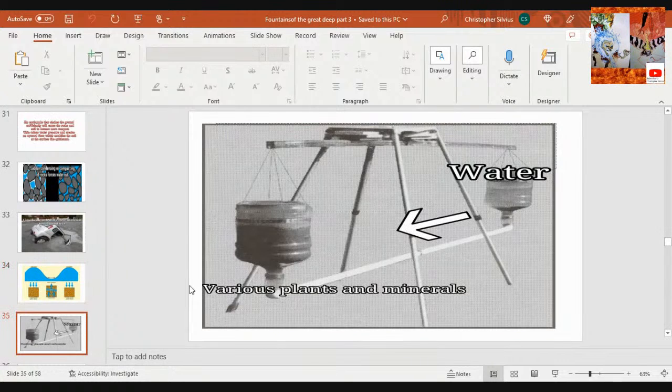If you put various plants and minerals in a giant tub and water in the other one, you put them on like a teeter-totter mechanism, and then you put a cylinder or a pipe that connects the two.